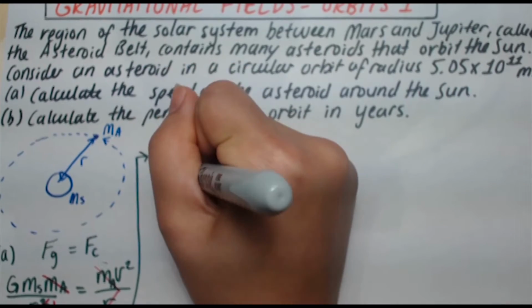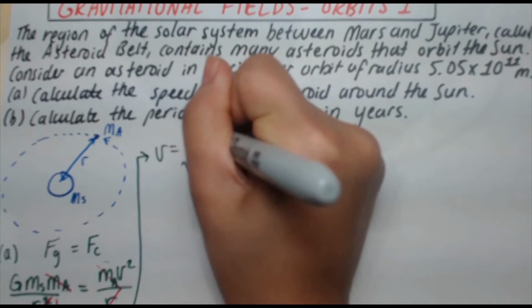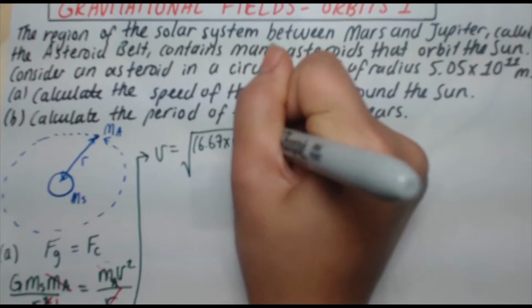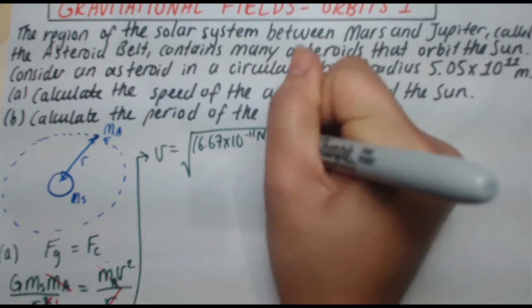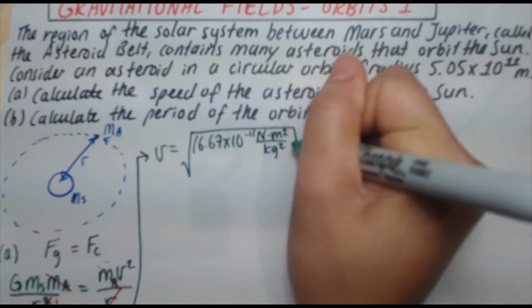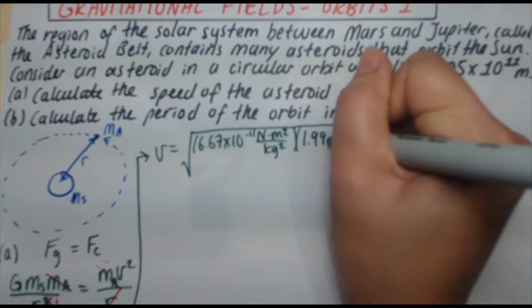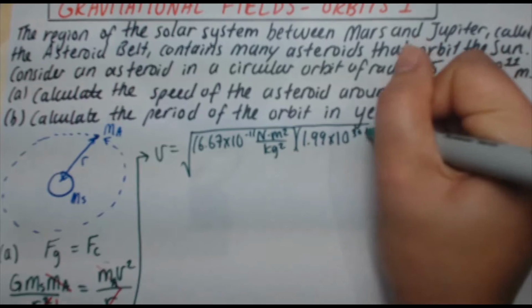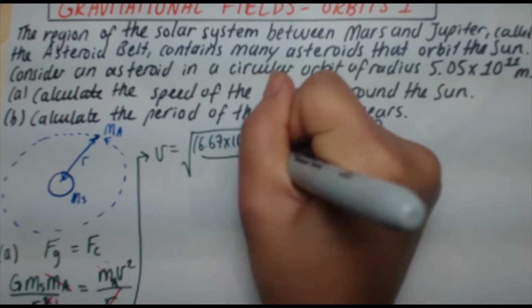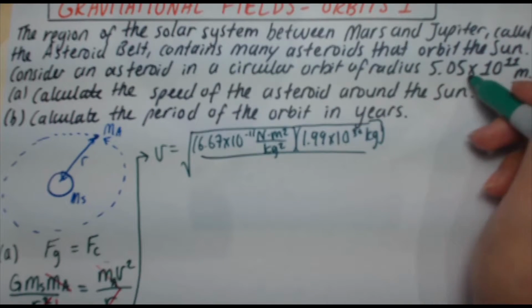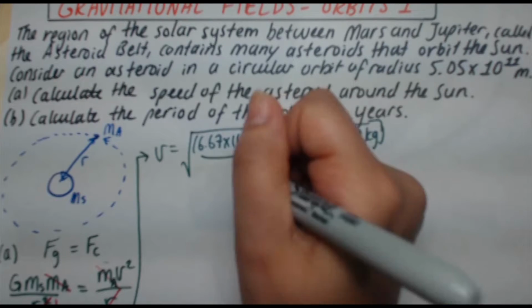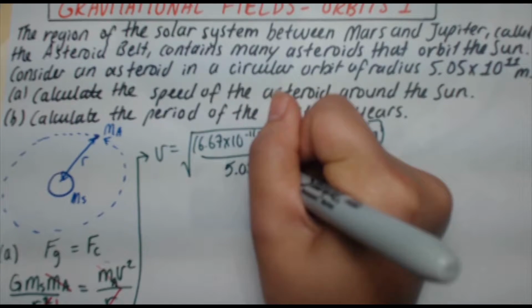V is equal to the square root of G, 6.67 times 10 to the minus 11 Newton meters squared per kilogram squared, times the mass of the Sun. Again, this is something you need to look up: 1.99 times 10 to the 30 kilograms, divided by R, the distance between the two centers, 5.05 times 10 to the 11 meters.